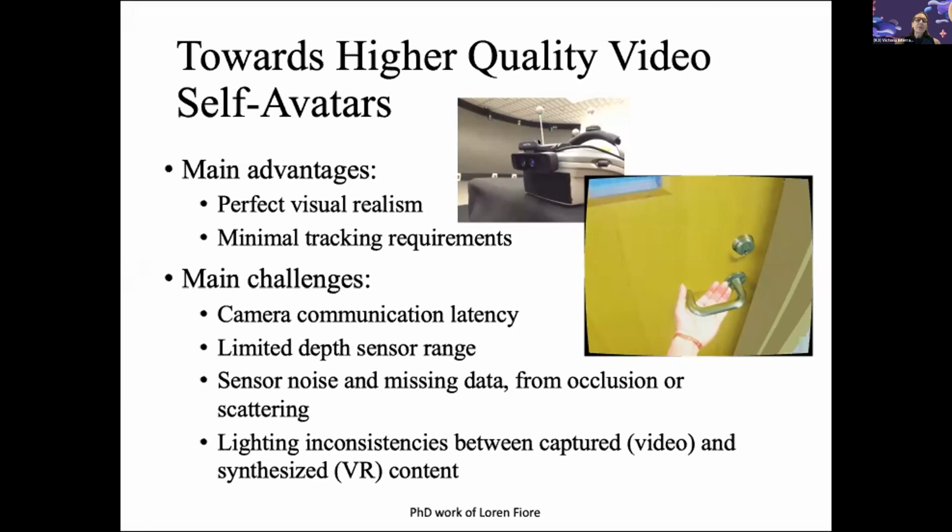And then, of course, background subtraction is an extremely challenging problem. You also have to deal with sensor noise and missing data, and inconsistencies between the lighting on the real object from the physical environment and the lighting that is active in the virtual world for the synthesized VR content.